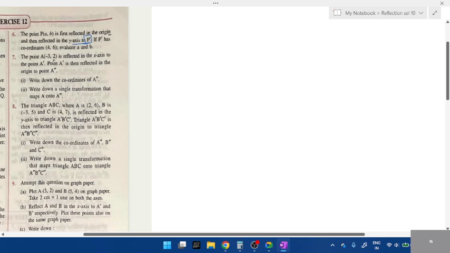A point A is reflected. First take the point. Is reflected in which axis? If it is reflected in x-axis, which one will be 0? And which value will change? Y value will change, right? Okay, so write reflection in x-axis meaning r of x.